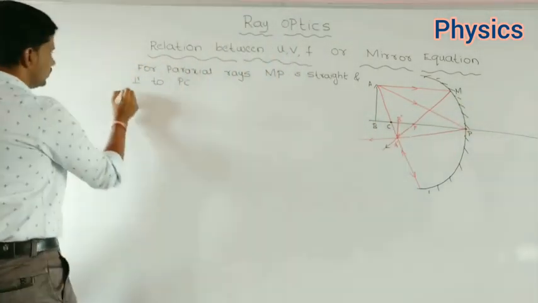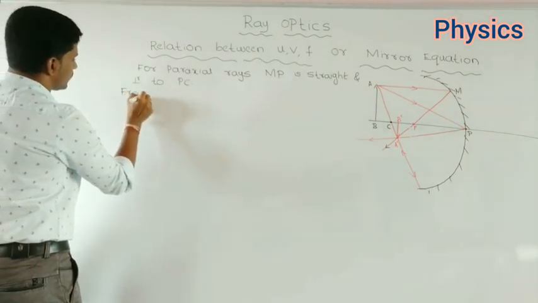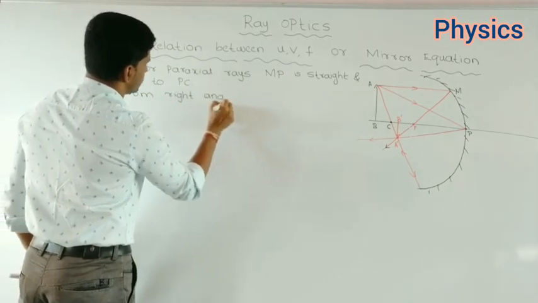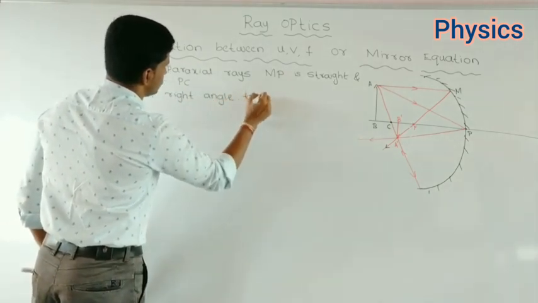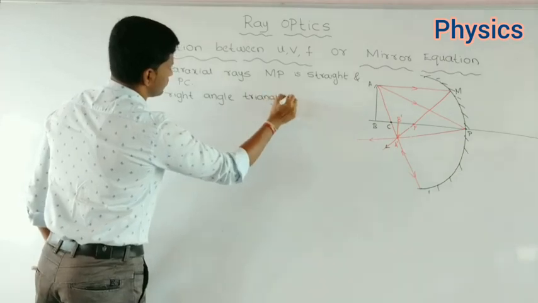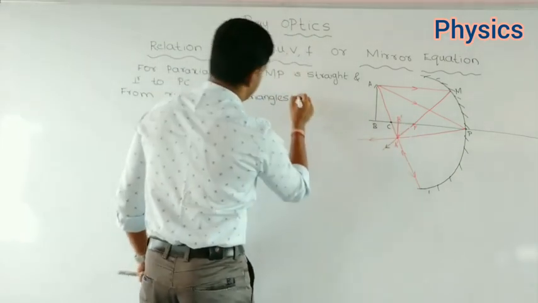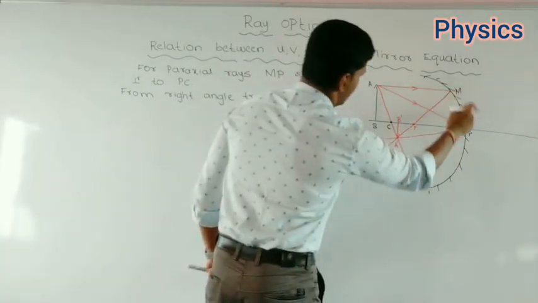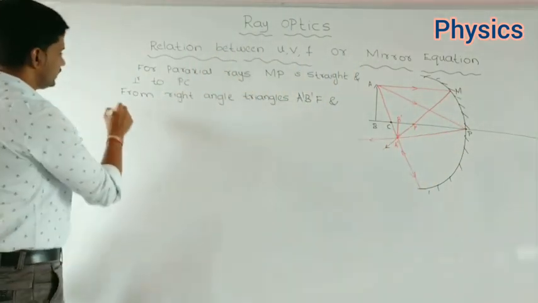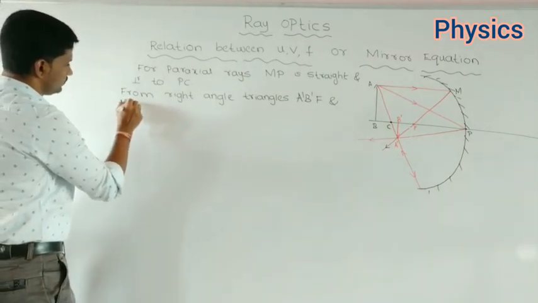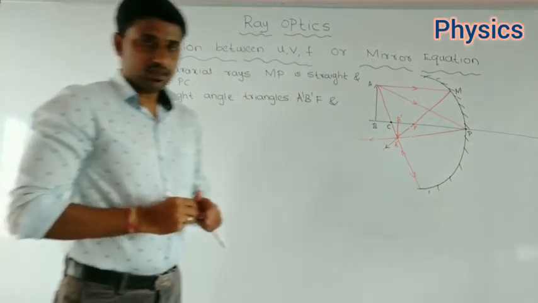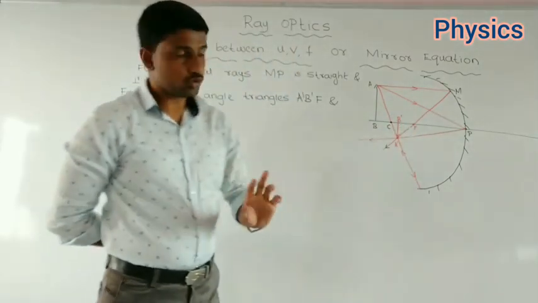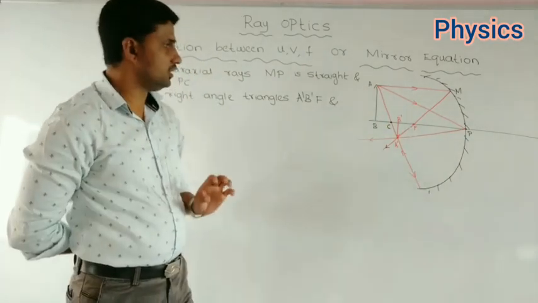So we can write from right angle triangles A'B'F and MPF, both are right angle triangles and they are similar.